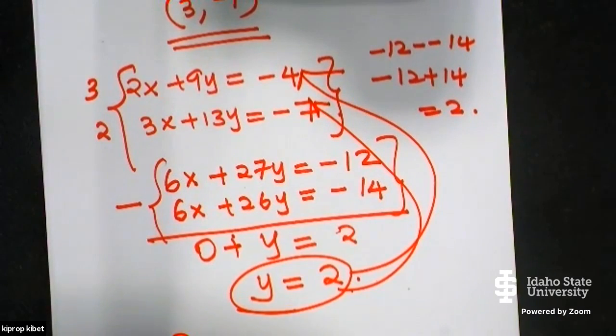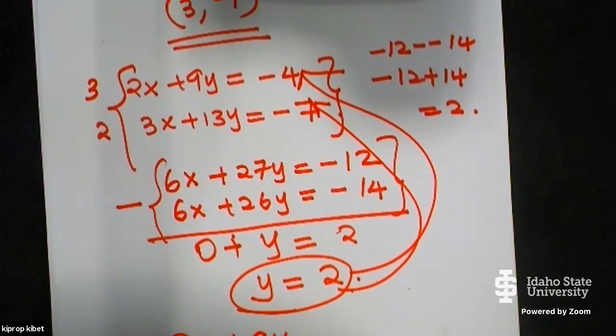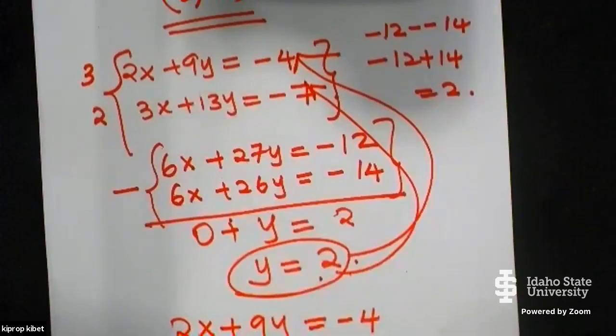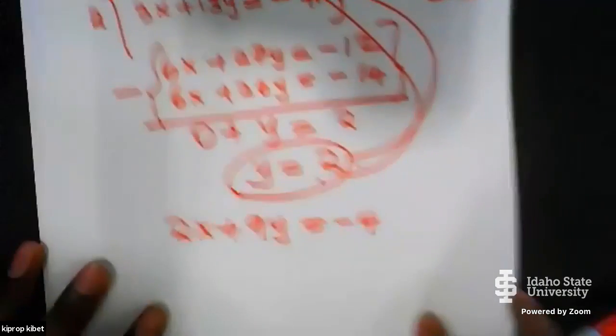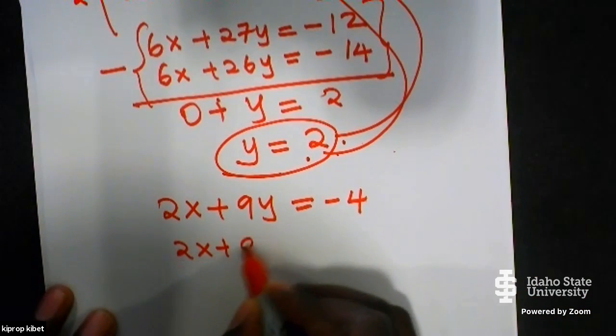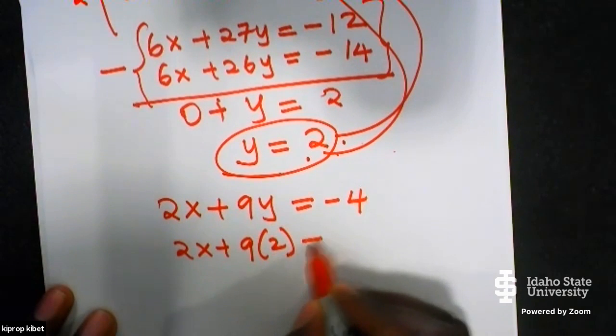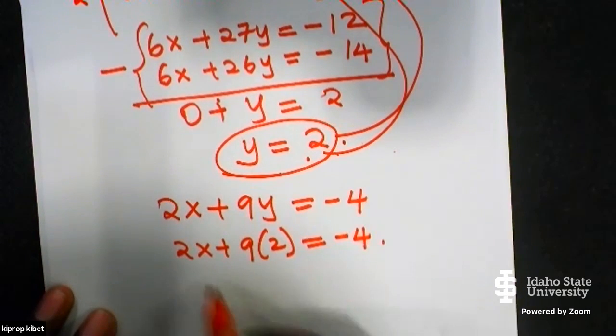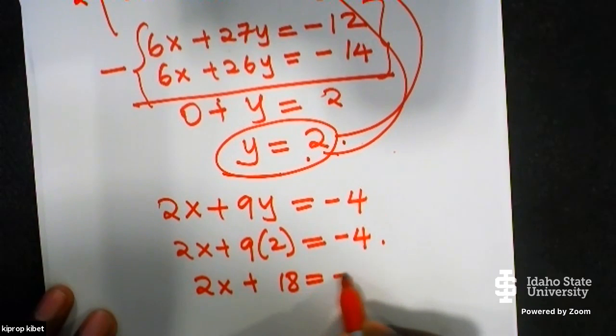So 2x plus 9y equals to minus 4. So y is equals to 2. So 2x plus 9 times 2 equals to minus 4. So 2x plus 18 equals to minus 4.